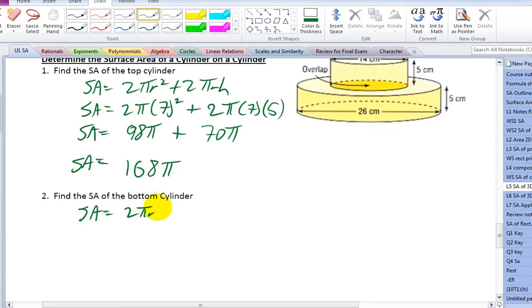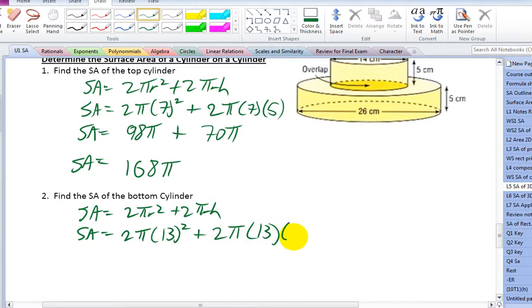2 pi r squared plus 2 pi r h. 2 pi, the radius is 13 squared, that'll be large, plus 2 pi times 13 times 5.